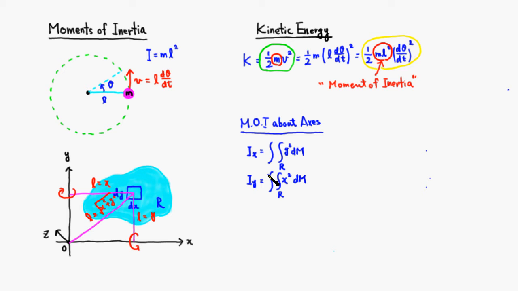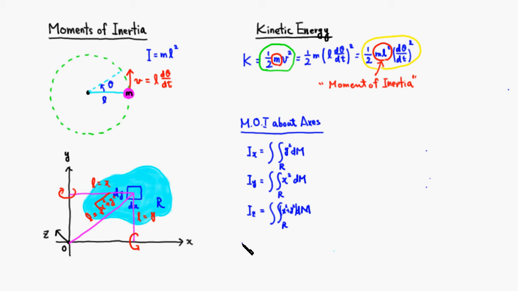If you rotate it about the z-axis, I sub z is an integral over the same region of the mass element, but the distance is determined by the square root of x squared plus y squared. Squaring that, you end up with x squared plus y squared. So that's the moment of inertia about the z-axis.